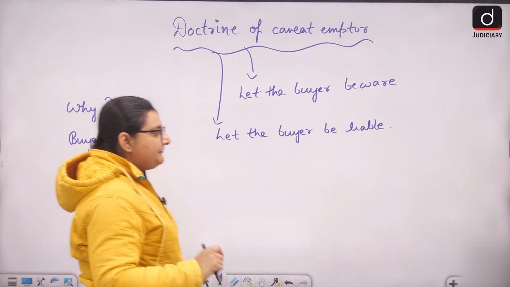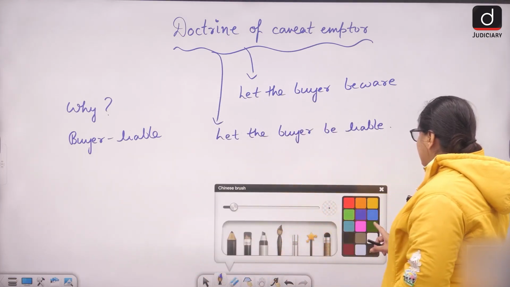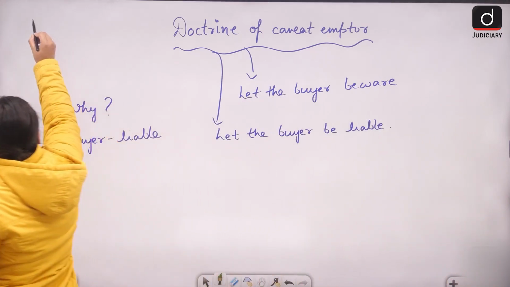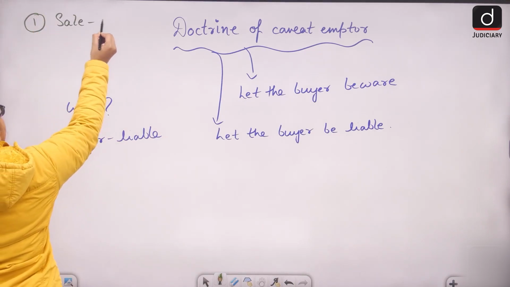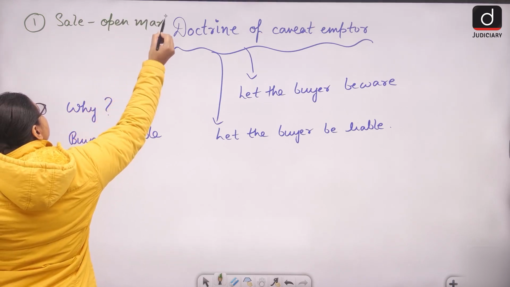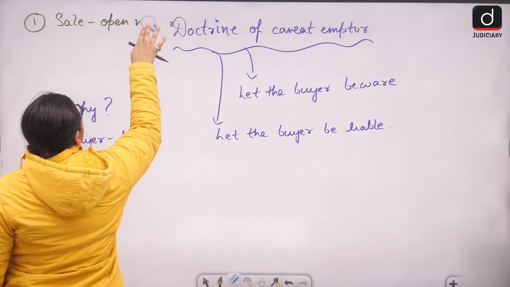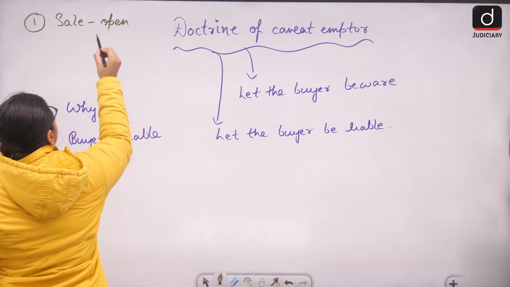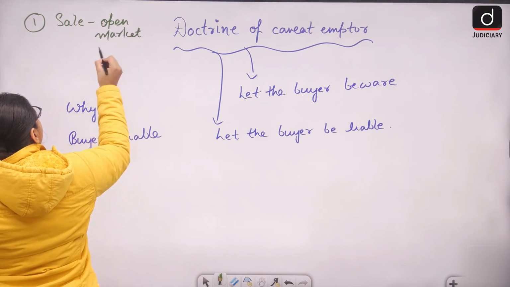There are 4 reasons why we make the buyer responsible for any loss, any defect. The first reason is, as the sale is made in open market, not in black market.